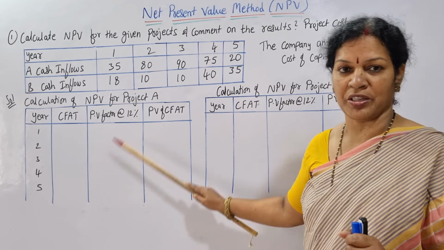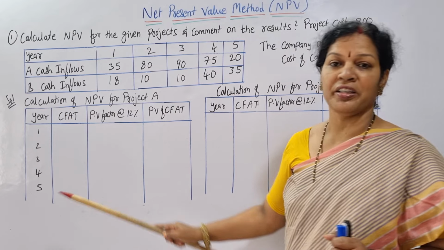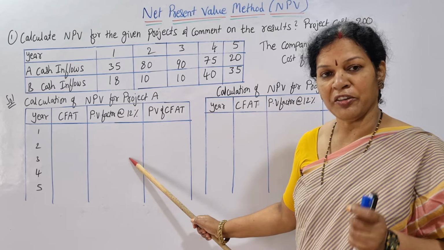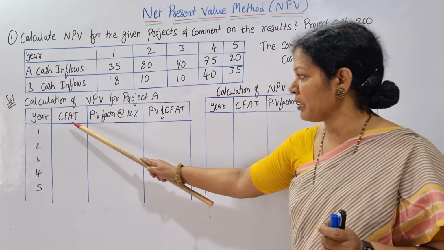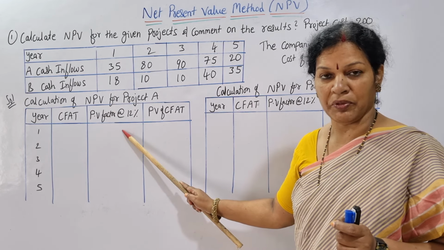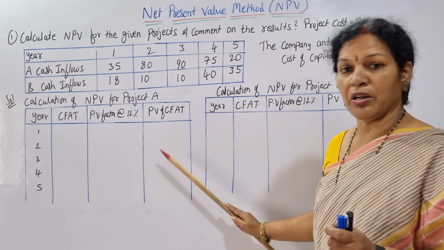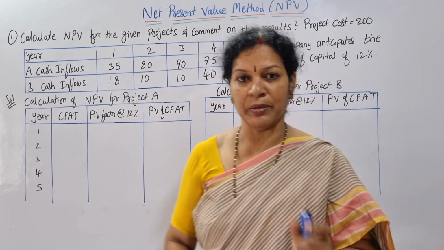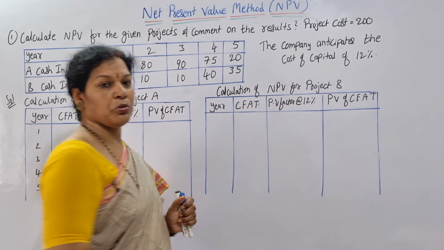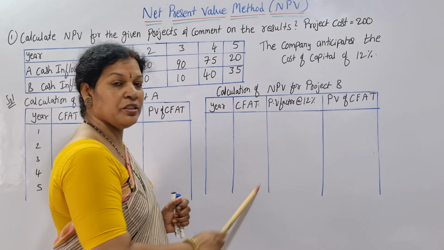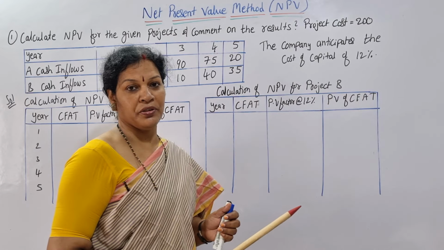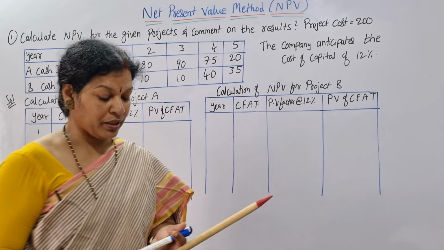Only 4 columns are there. These 2 columns are already given. What we are going to calculate? First the PV factor, and after that multiply CFAT with the PV factor. In the same way for project B also: year, CFAT, PV factor at the rate of 12% and PV of CFAT. So we'll go for the calculation.